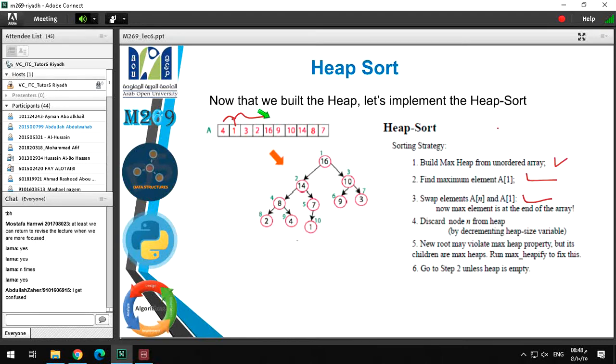Then discard the node from the heap, the one that we already visited and already stored in the array, and a new root is going to be examined. If it is violating the rule of the tree, then you need to max-heapify and then go back to step number 2 and continue.